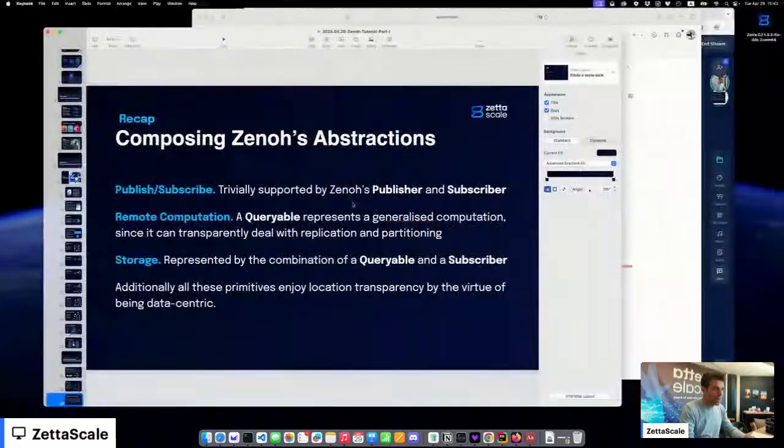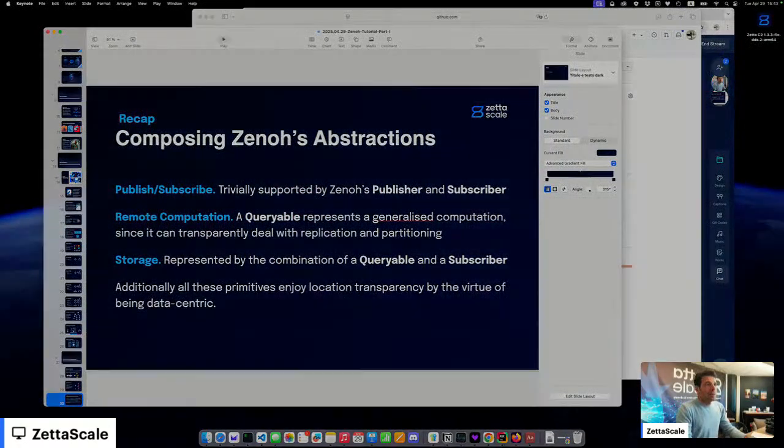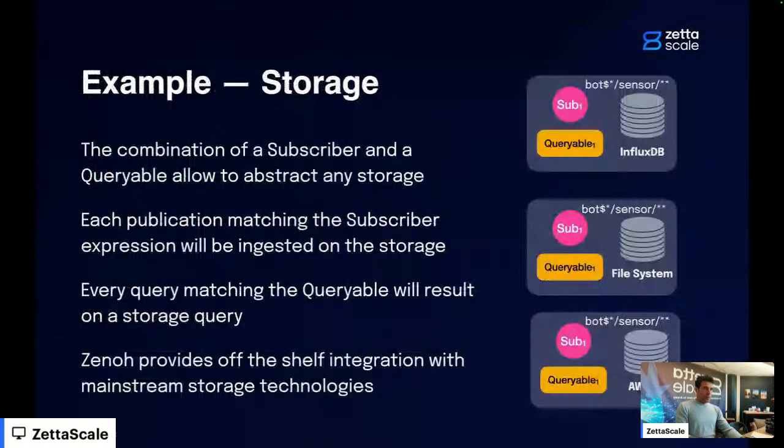Okay, let's go back to the slides. So yes, I actually covered this. This just visualizes what I just mentioned, that a storage is the combination of a subscriber and a queryable. Then you have a backend that actually stores the data. And again, in Zenoh, we don't want to invent databases.